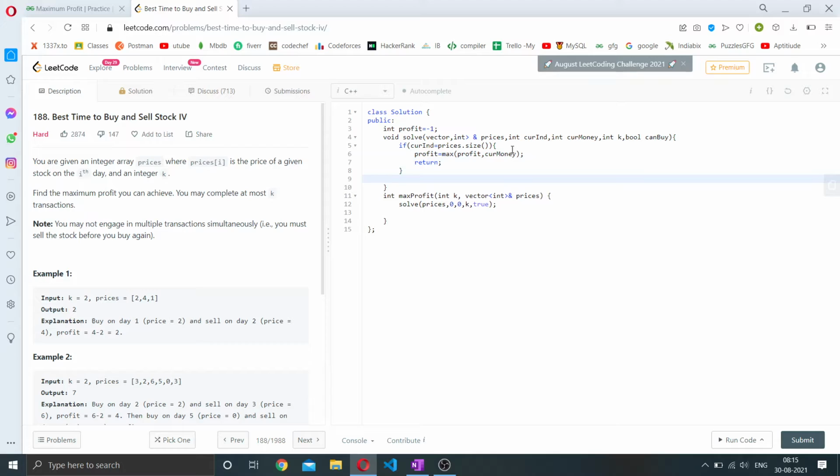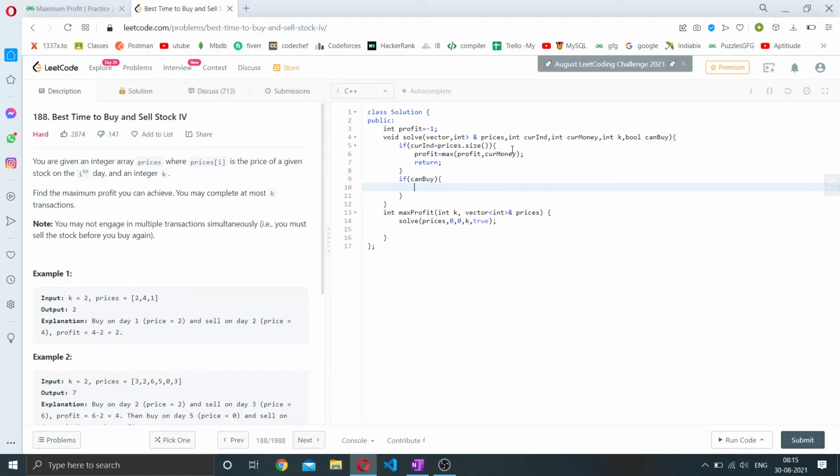Then we have to check if we can buy a stock or not. If we can buy, we have two options: if k is greater than or equal to 1, that means we can buy the stock.